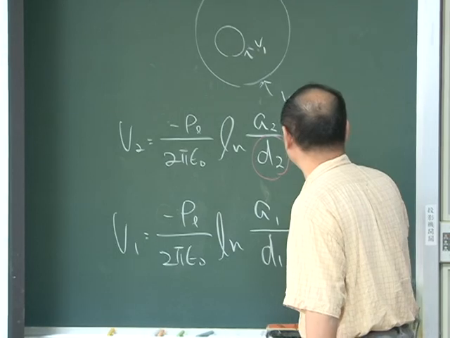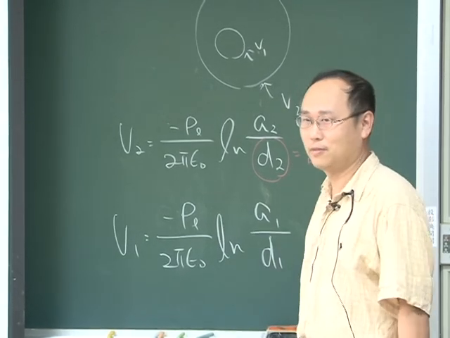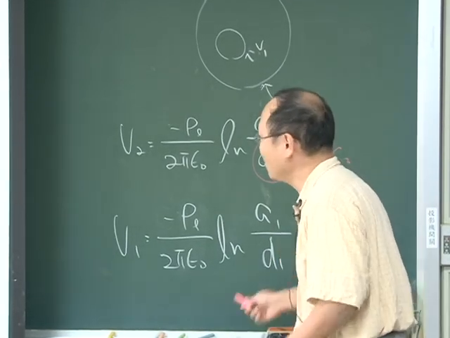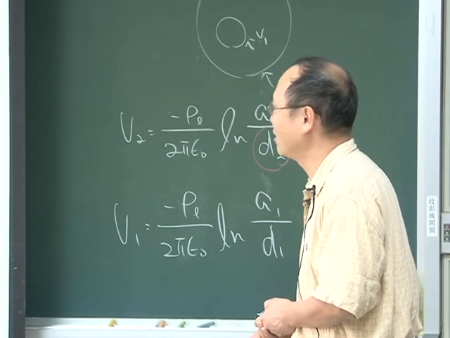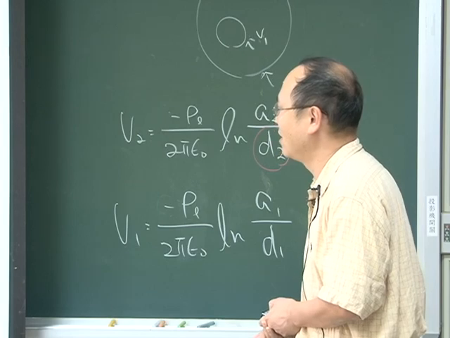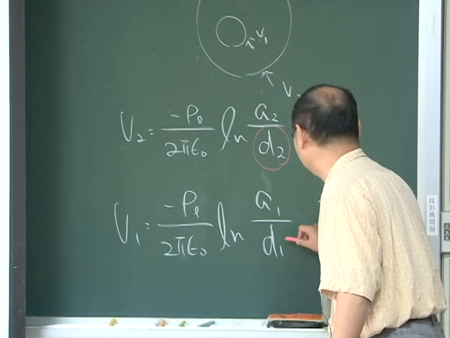This is equal to B plus C2. Right? And this D1 is the distance between this line charge and the center of this circle. That is B plus C1.